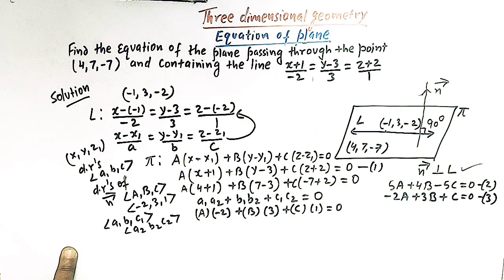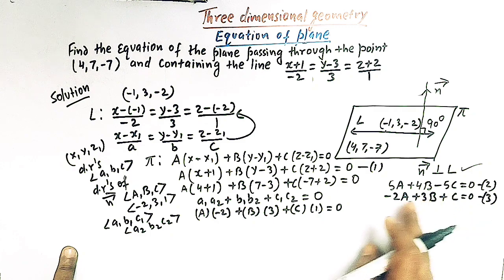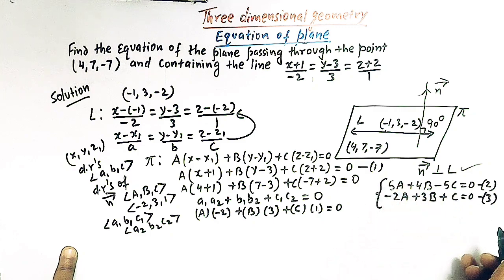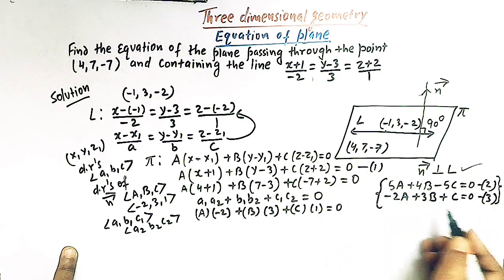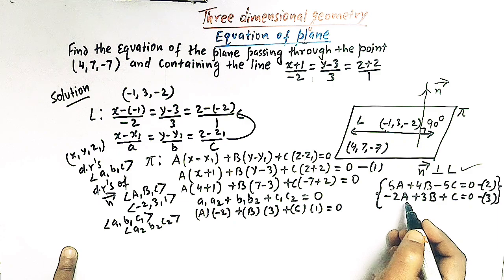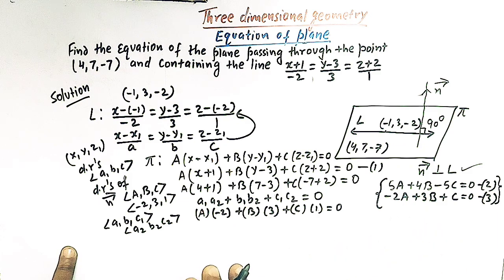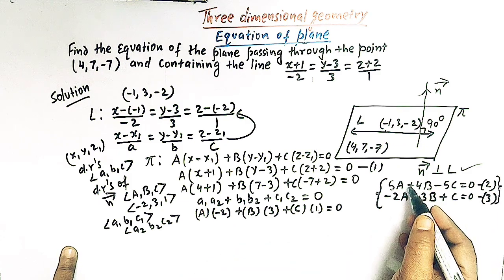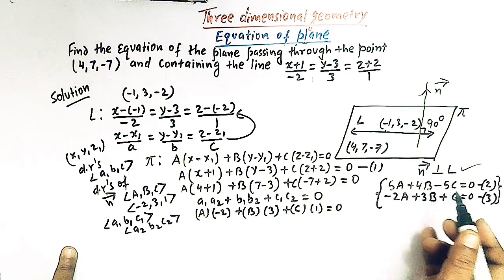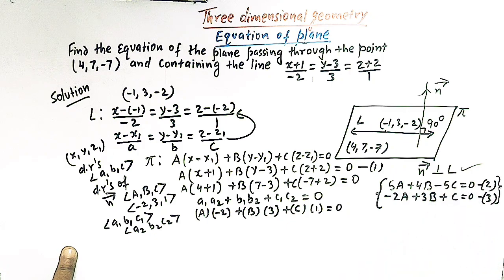Now we have obtained two equations in A, B, and C, and we have to solve these two equations. The usual practice to solve two equations in three variables is the cross multiplication method, but here I will prefer the elimination method.